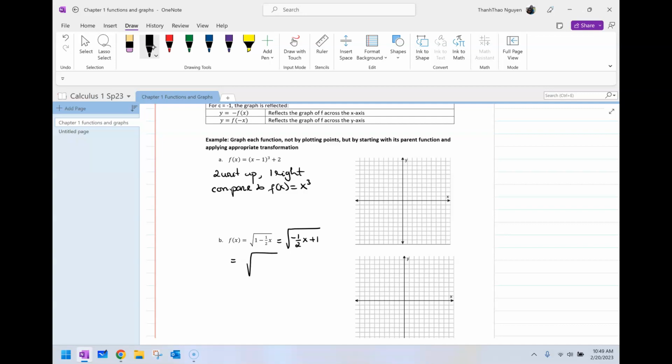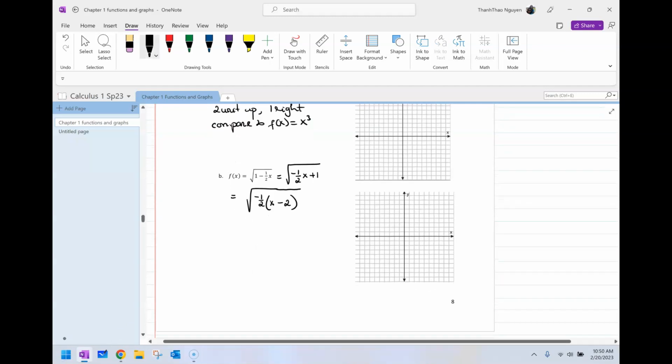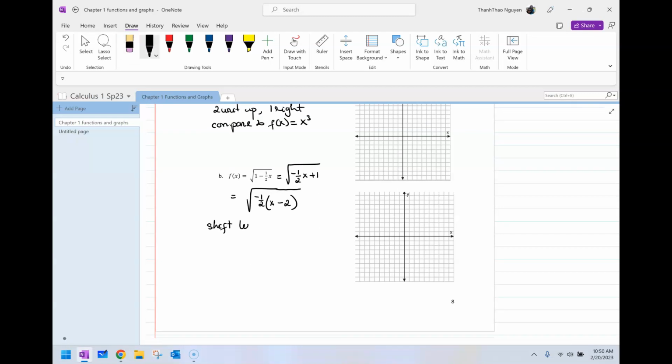The square root of negative 1/2 times x plus 1, that is x minus negative 2. Okay, so we can see that this is shifting to the left, excuse me, to the right 2 units.